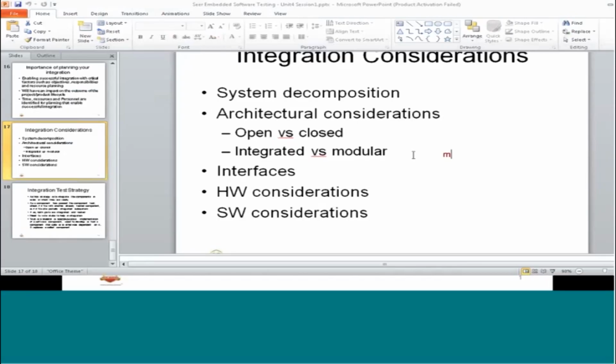The interfaces could be memory, ports such as RS-232 or CAN or SCI, etc. SPI also is another example. Next we have a timer. Next you have a power interface.